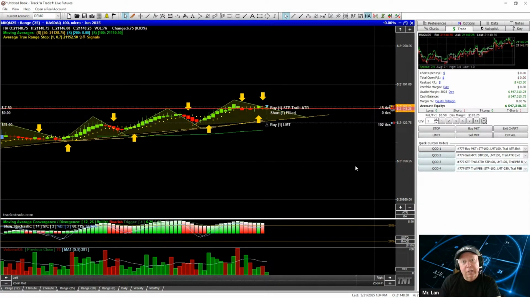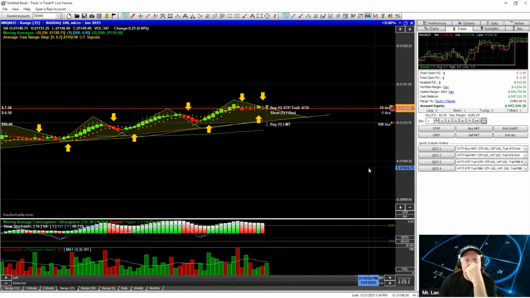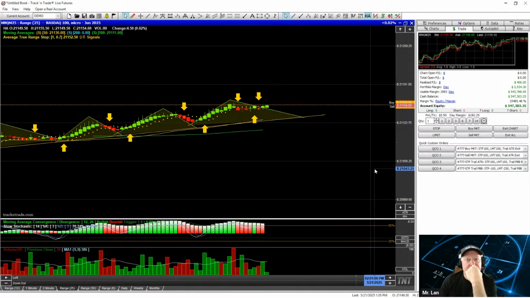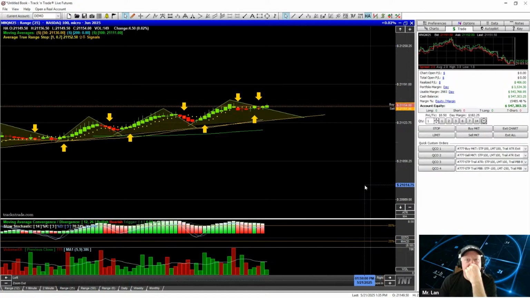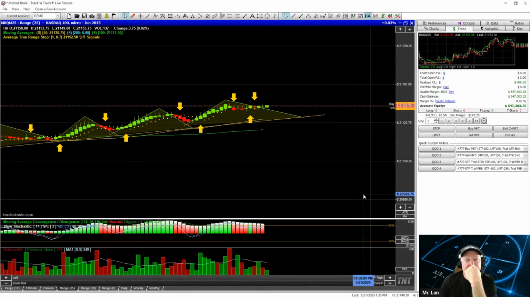Is it going to fall? There's our arrow. Got an arrow this time. Come on, little micro. It says we're just going to dance sideways here for a minute. Ain't going to go nowhere.